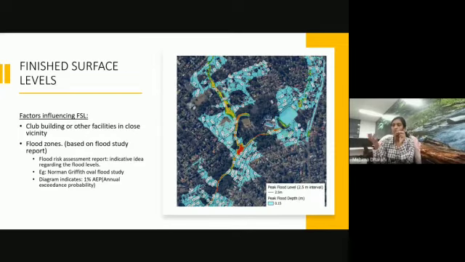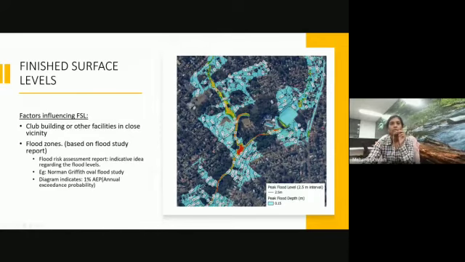So they'll have that report in hand. Also, if you see this drawing here, if there are creeks and catchment areas in very close proximity to your construction site, then there's a greater possibility of flooding occurring.